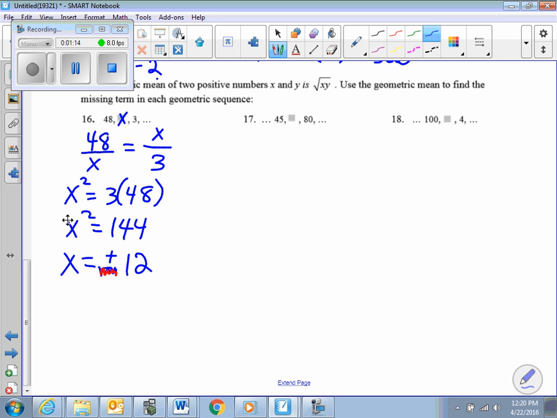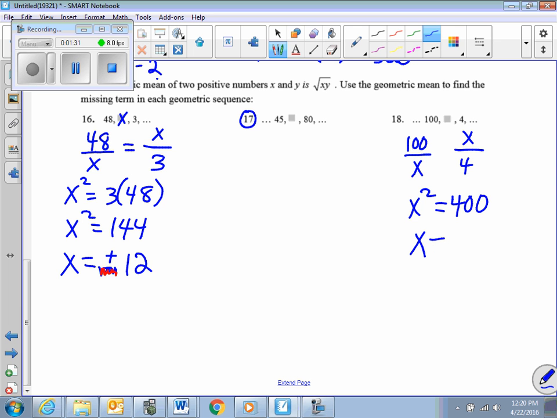All right, I'll do one more of these, then you can do the other. I will do 18, then you can do 17. X squared equals 100 times 4, so x squared equals 400. So x is going to be the square root of 400, which is 20. So the geometric mean is 20.